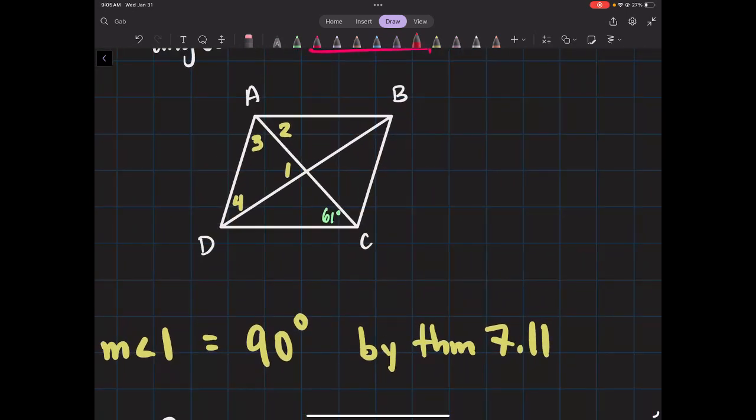So right here, if I take a look at these two, since I see that one of them is already 61 degrees, all of those angles individually have to be 61 degrees.